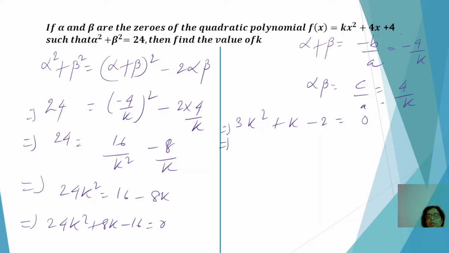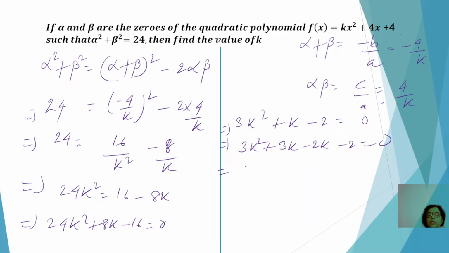So doing middle term splitting, we get 3k square plus 3k minus 2k minus 2 is equal to 0.